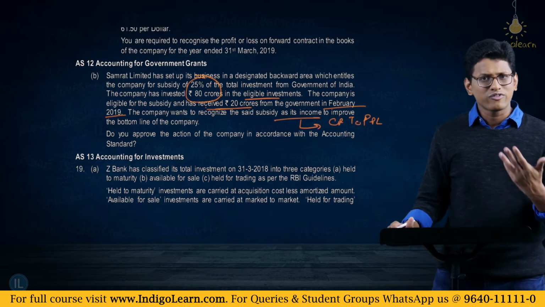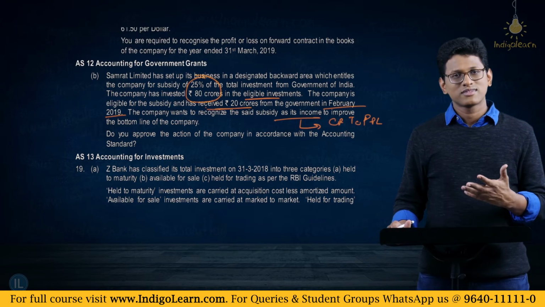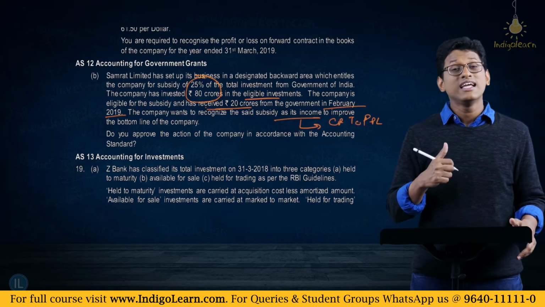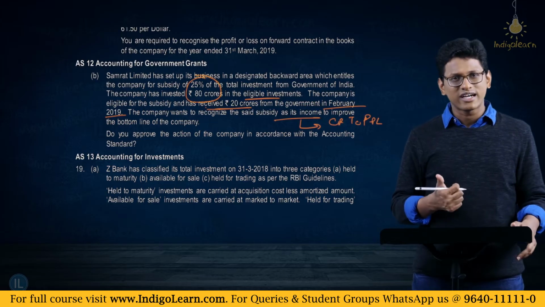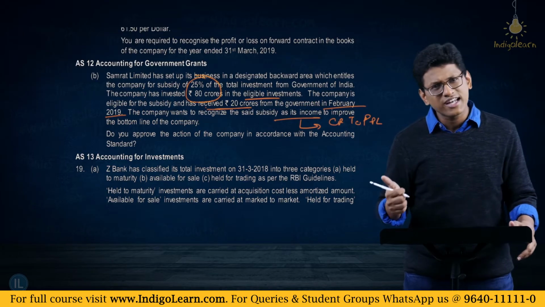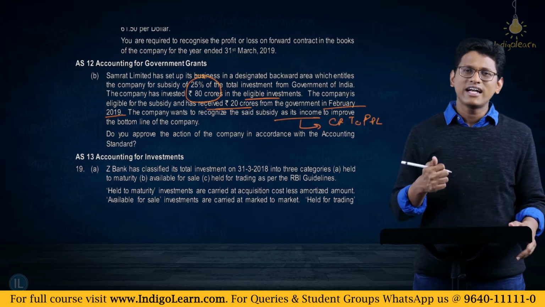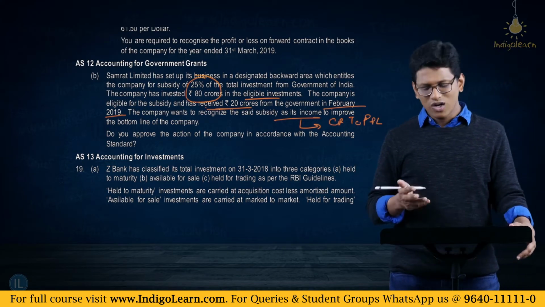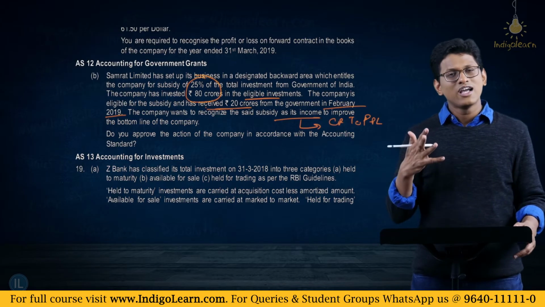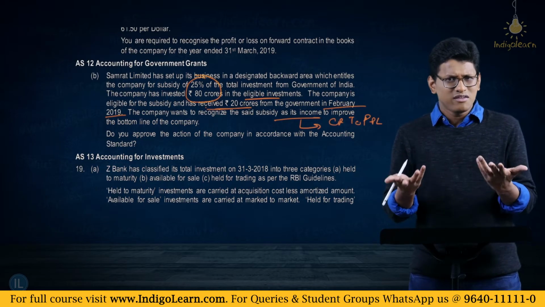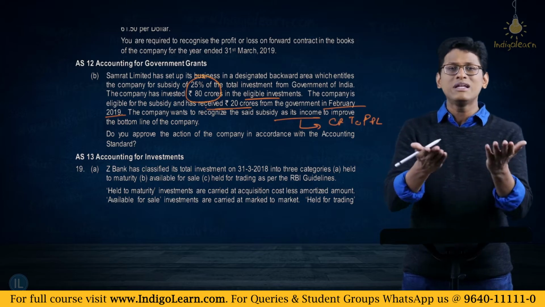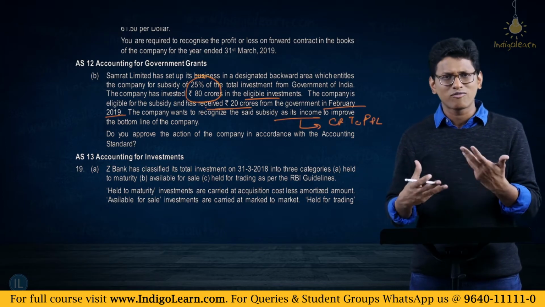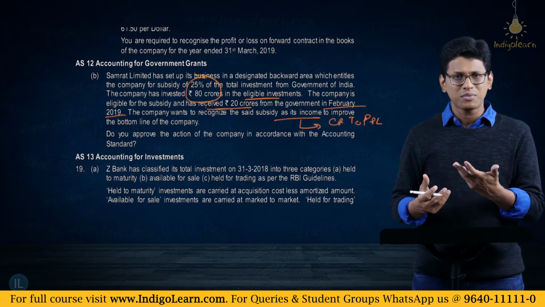Come on, let us go into the first step. Government grant. Can I recognize government grant first of all? Forget how I want to recognize. Yes, we can recognize, provided the conditions relating to government grant are met and the collectability is reasonably certain. Did we meet the conditions? The question says eligible investments, so because of that word we are assuming the conditions relating to government grant are met by the company.